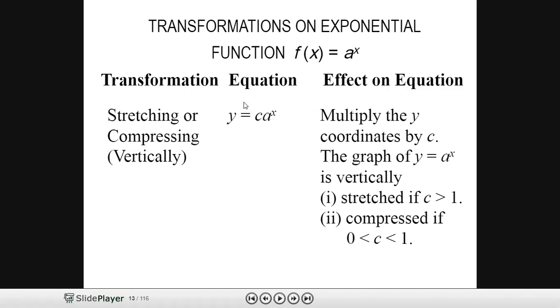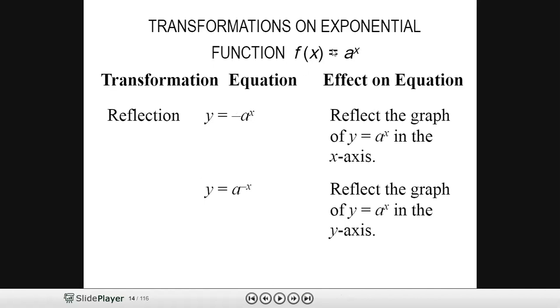If you are multiplying the y coordinates by a constant c, the graph of y equals a raised to the power x is vertically stretched if c is greater than 1, and compressed, it will come down, if c lies between 0 and 1. It's not negative, but it is coming closer to 0 and less than 1. If it is greater, it will expand.